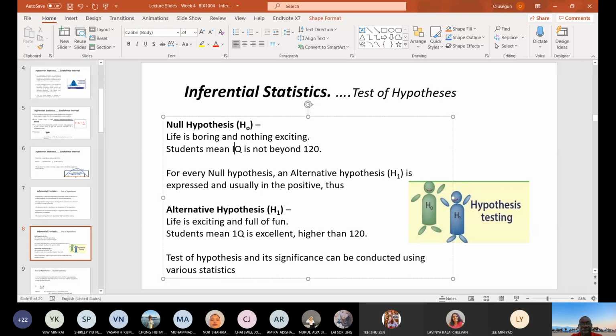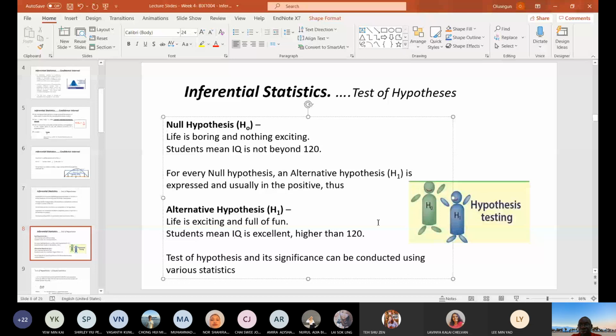So if I say student IQ is less than 120 or is not beyond 120, I can also set an alternative hypothesis of student IQ to be excellent, meaning they are higher than 120. So testing of hypothesis can be conducted using various statistics.